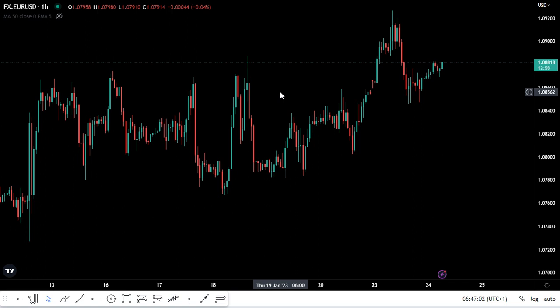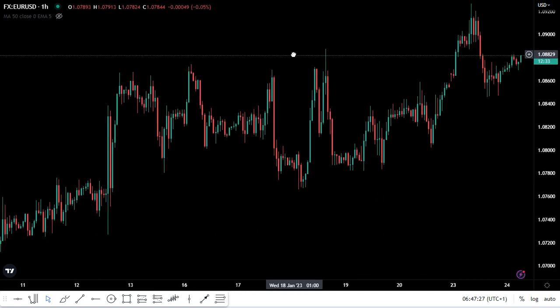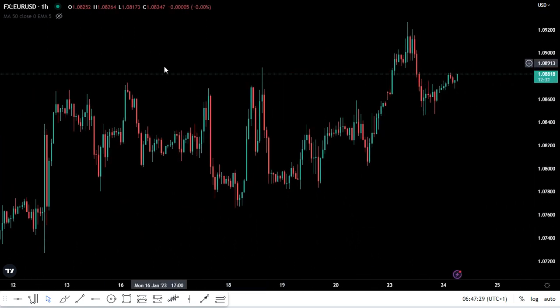Why I'm bringing this term up now is because when you are drawing support and resistance, you have to first understand time frames. The reason why you should go to a lower time frame or higher time frame, or why you should draw it with 1 hour, 2 hours, or 3 hours. But basically, you can see this chart right now. I'm going to be using this as an example for support and resistance.